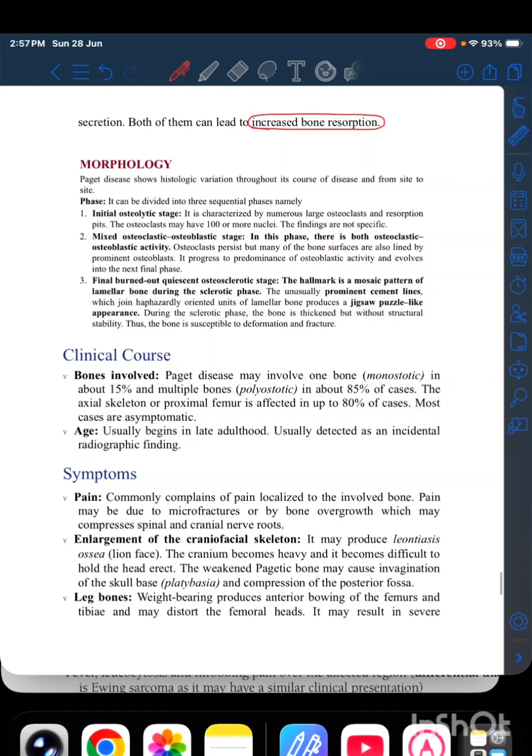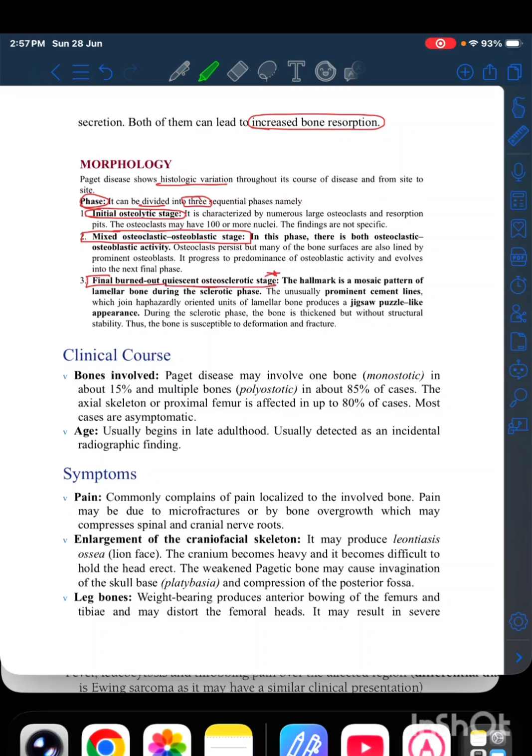Now, what is the morphology? It shows histological variations, in phases. It can be divided into 3 phases: the initial osteolytic stage, the mixed osteoblastic stage, and the final burned out quiescent osteosclerotic stage.